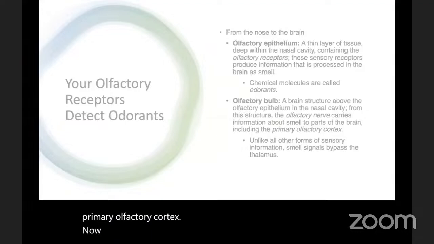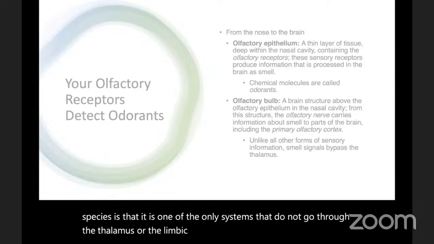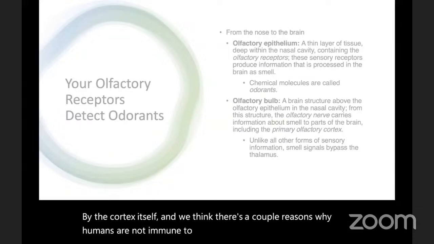Now, smell has an interesting property for humans and other species: it is one of the only systems that does not go through the thalamus or the limbic system. It's directly sensed by the cortex itself. And we think there are a couple of reasons why. Humans are not immune to pheromones.